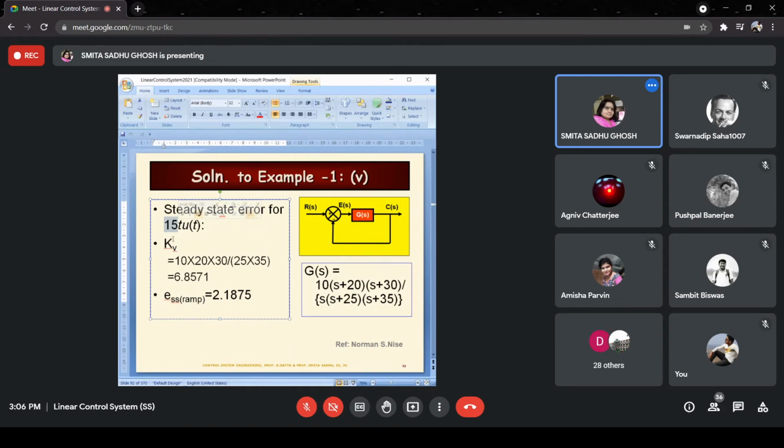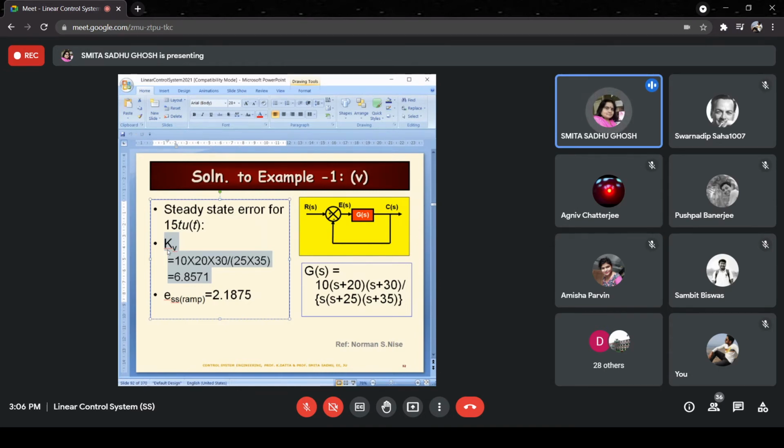Did you understand what I said? Over here, the amplitude of the ramp is not 1, but 15. Once Kv was found, you would recollect that the steady state error was found by calculating 1 by Kv. That was for a unit ramp input that we had already done.